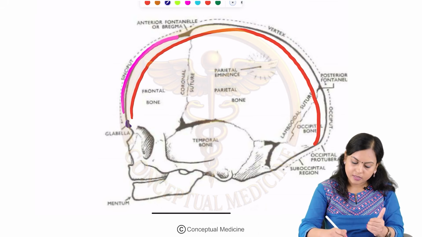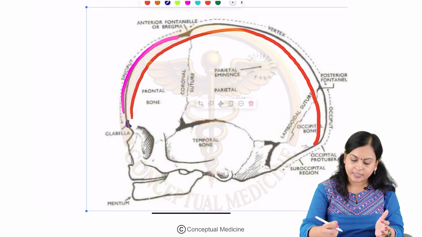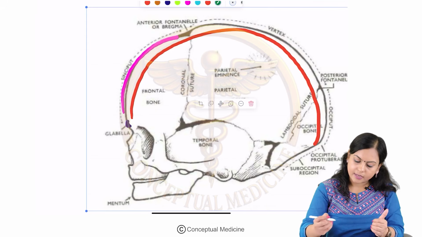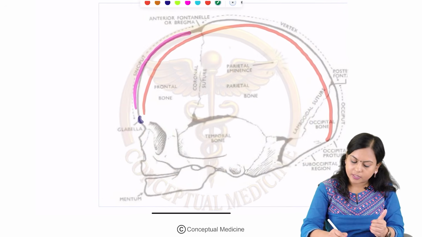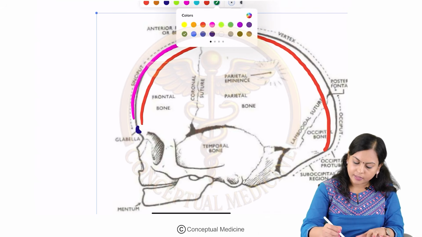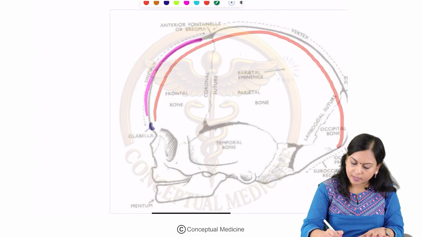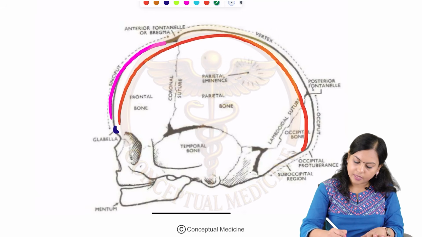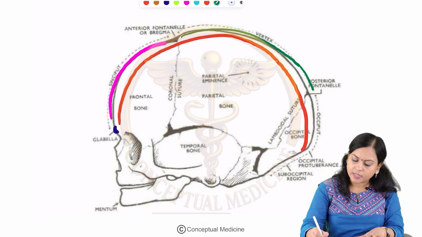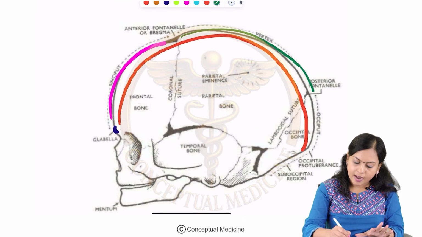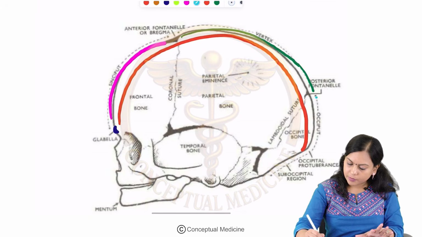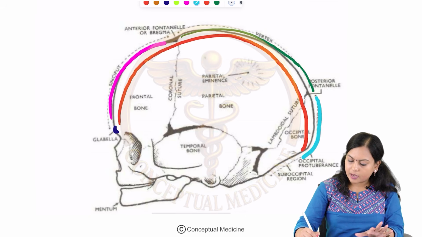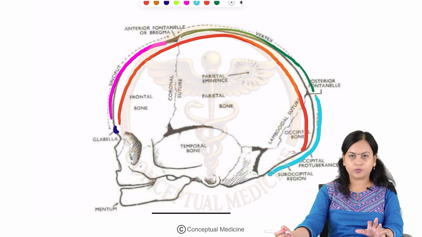From the glabella till the anterior fontanelle, it is the sinciput, and from the anterior fontanelle till the posterior fontanelle only, it is the vertex, and downwards from the posterior fontanelle, it will be the occiput.